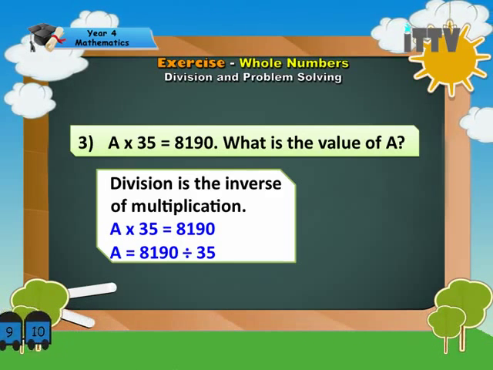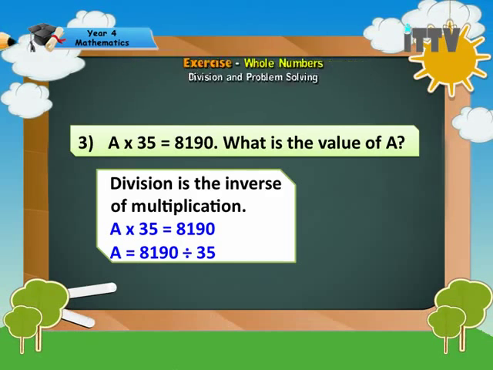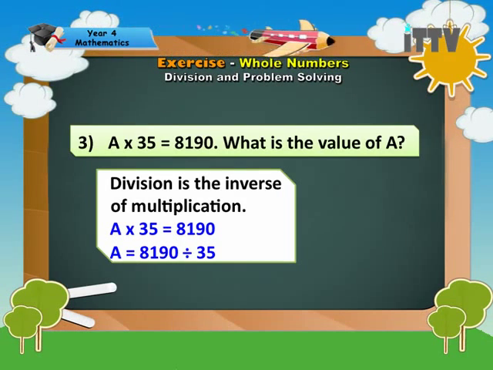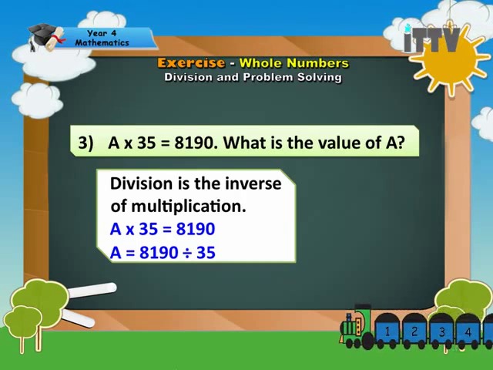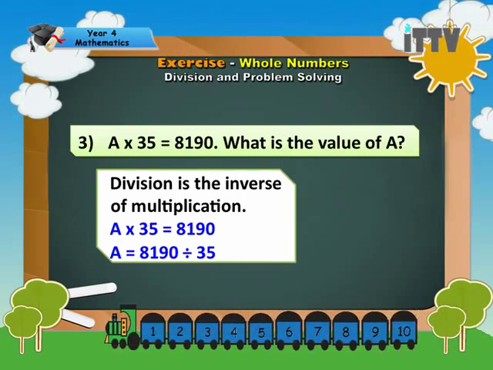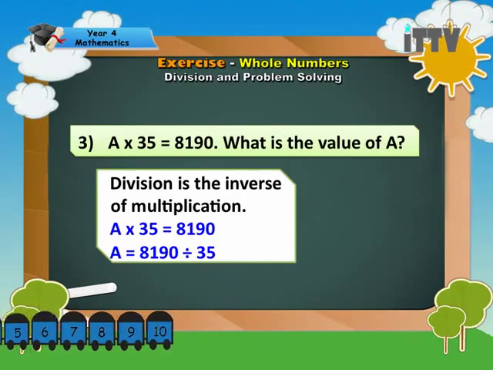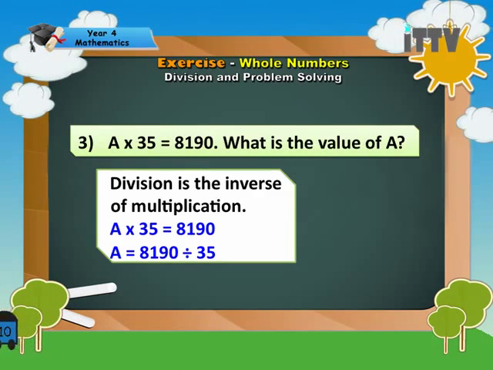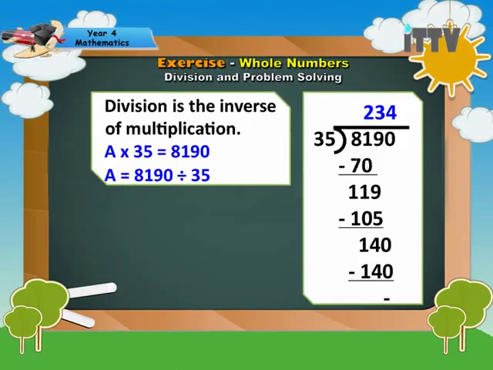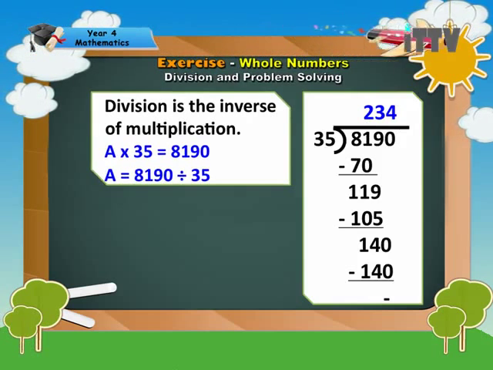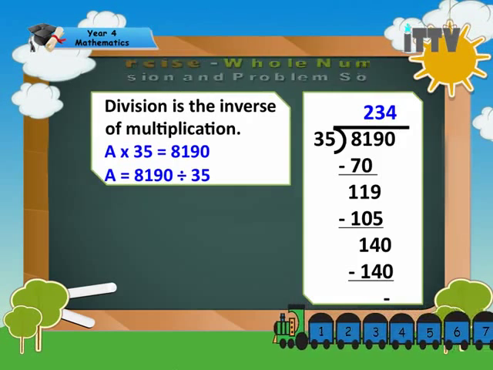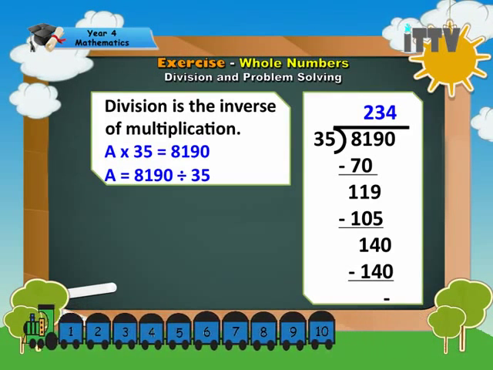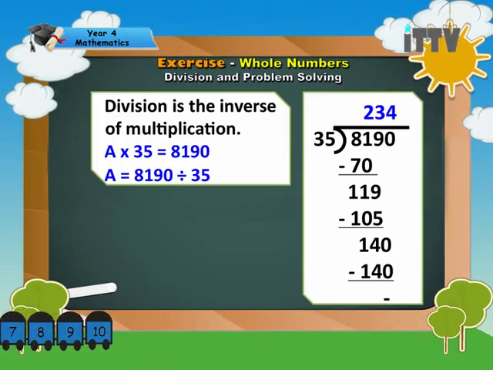So if A multiplied by 35 is 8,190, therefore A is also the same as 8,190 divided by 35. So we can use long division to find out the value of A. Take 8,190 and divide it by 35, and that will give you 234.